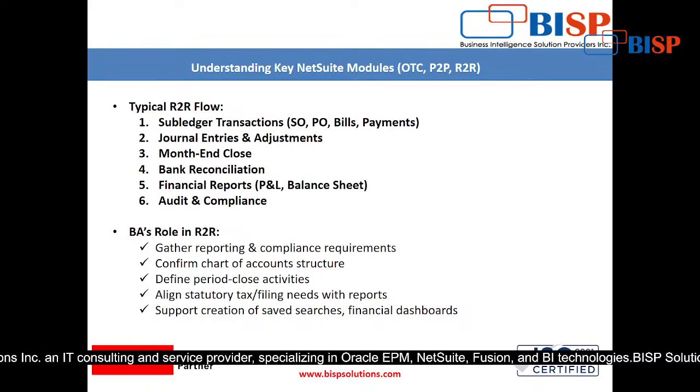Journal entry and adjustment are two different things. A general entry means that as soon as the invoice is created, one journal entry is created in the background. An adjustment is done when you have to adjust something. Let's take a very small example.